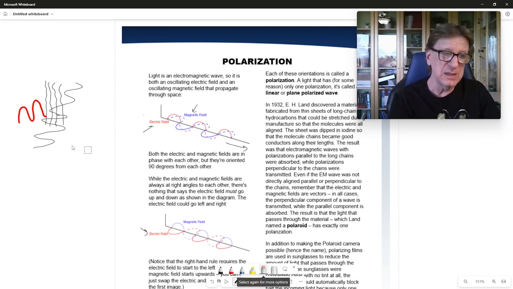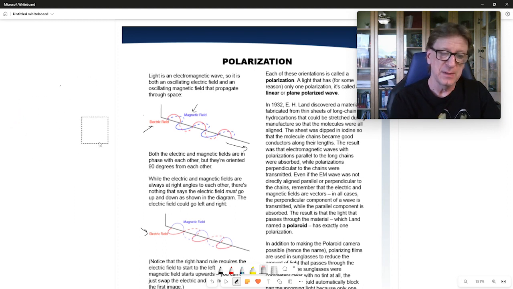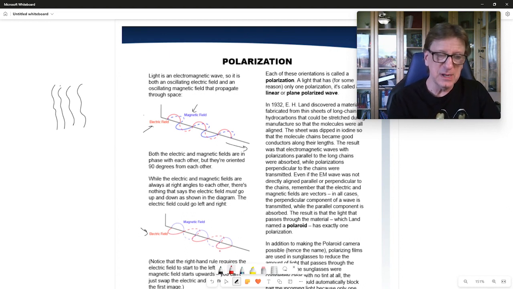So let's just redraw this here so we can kind of see what we're talking about. So here's my long chain polymer, right? And let's suppose that I've got some wave coming in at some arbitrary angle. And we'll say that this is the angle of the polarizer. We can often draw this vector arrow to indicate the angle of the polarizer itself.